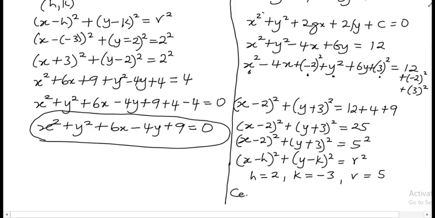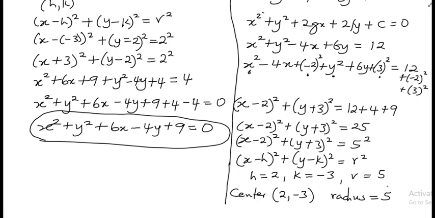So the coordinate of the center will be h comma k, which is 2 comma minus 3, and then the radius will be equal to 5. So the coordinate of the center is 2, minus 3 and the radius is equal to 5.